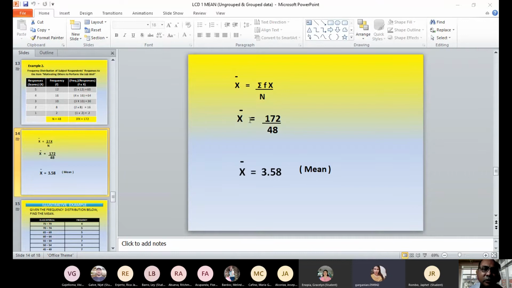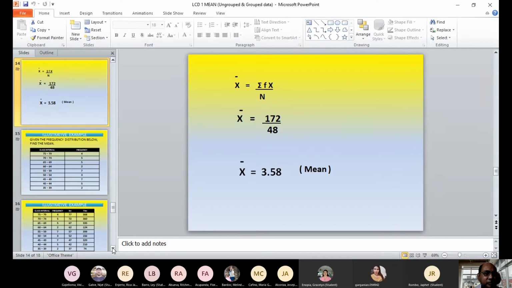So the result belongs to high level. That is the interpretation. That is our process to solve the mean of the distributions.